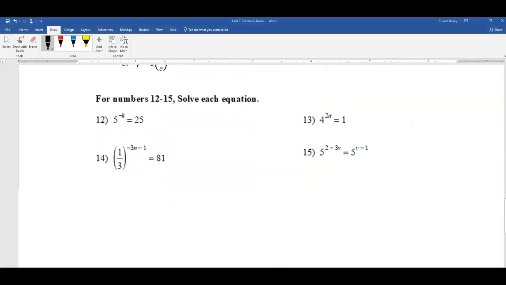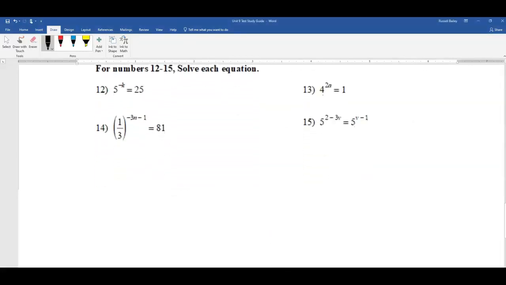Move on to numbers 12 through 15 here. Solving for exponents. When solving exponential equations, the first thing you want to do is make sure that the base is the same on both sides. So for instance, I can change 25 to be 5 to the second power.